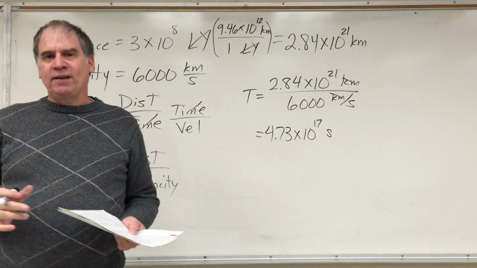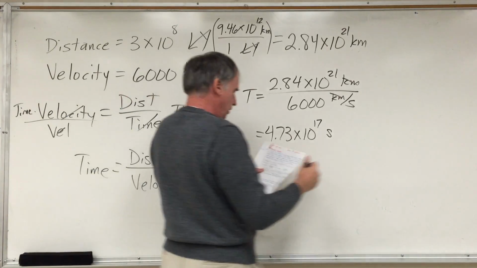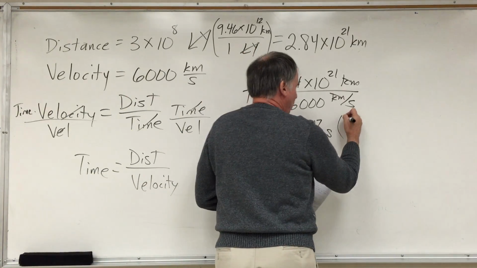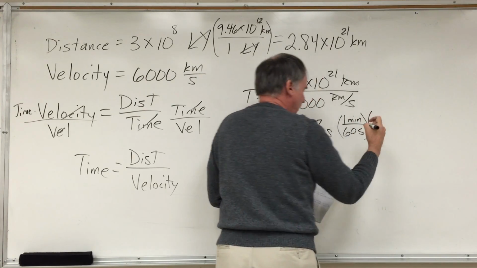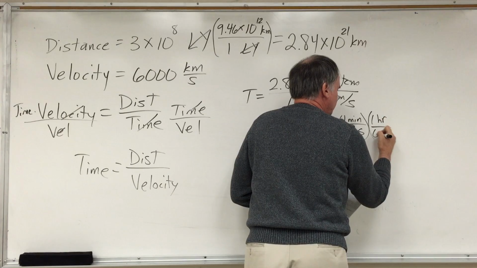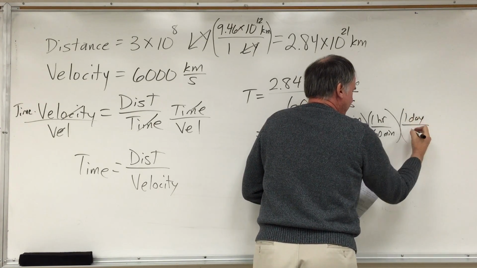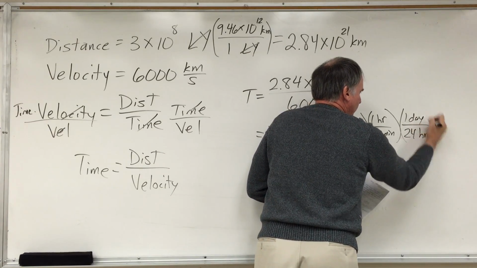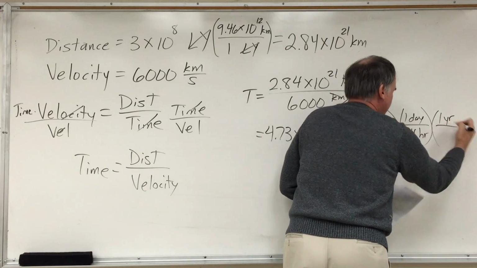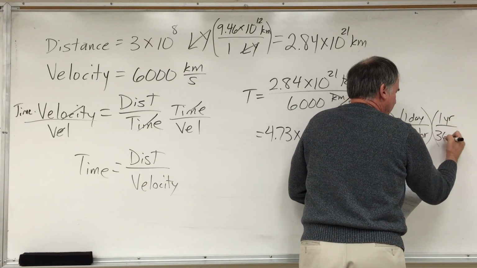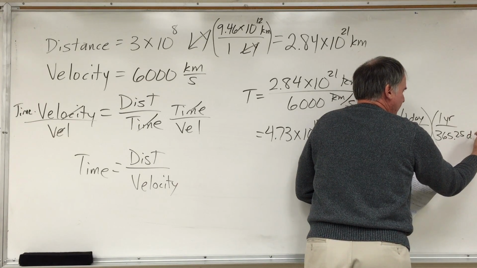The problem wanted the answer in years of time, so we need to do conversions. Every 1 minute is 60 seconds, and every 1 hour is 60 minutes, and every 1 day is 24 hours, and every 1 year, hopefully you can see that, is 365, and I put in a quarter, but that's not critical, days.